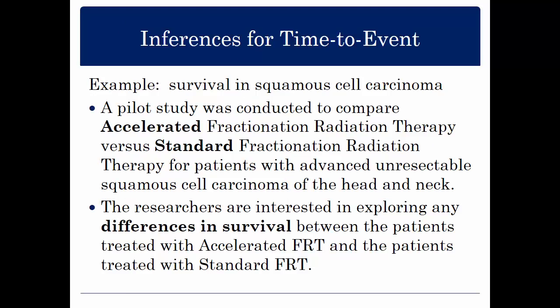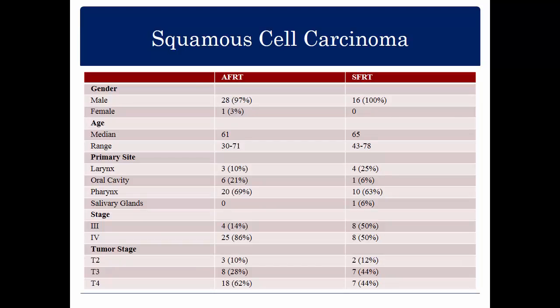Here's an example looking at two different types of therapy, radiation therapy, for patients with carcinoma of the head and neck. Researchers are interested in exploring differences in survival between patients that were treated with accelerated versus standard fractional radiation therapy. The problem with this study, though, is that it's based on medical records, patient charts.